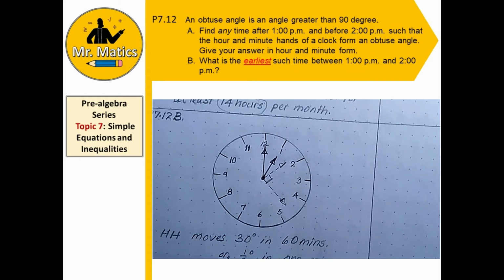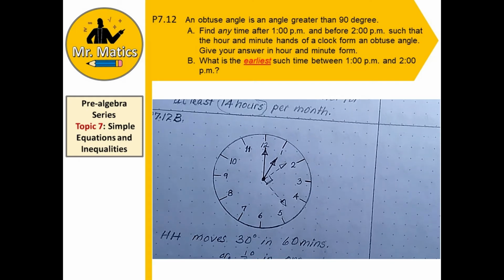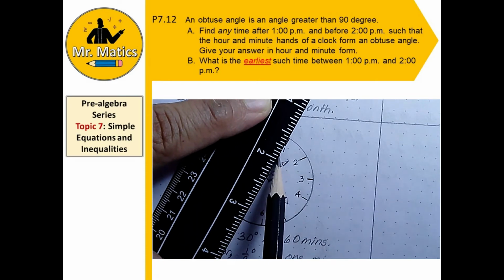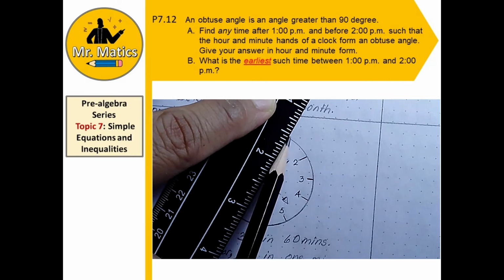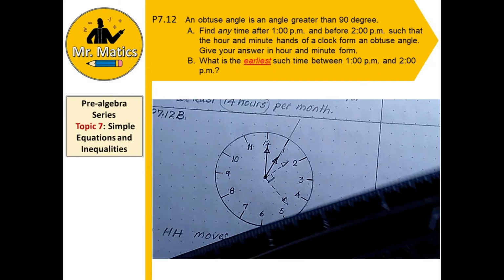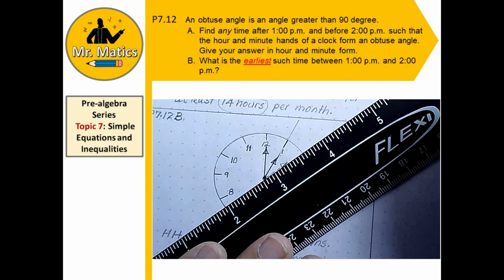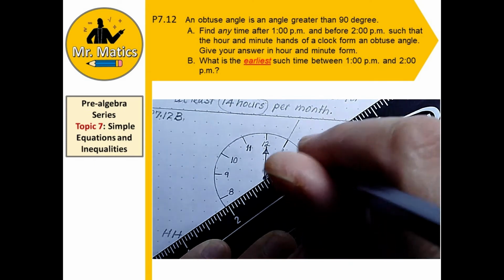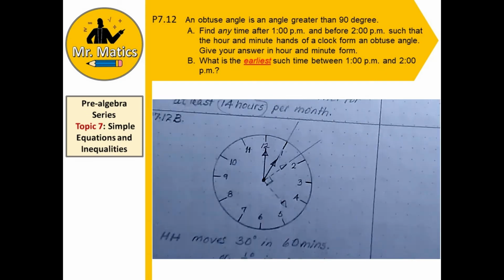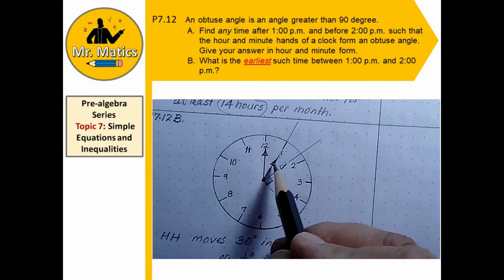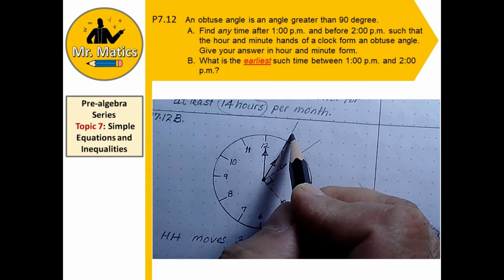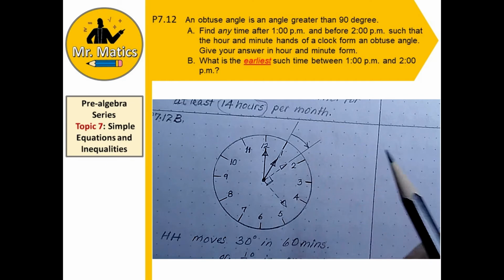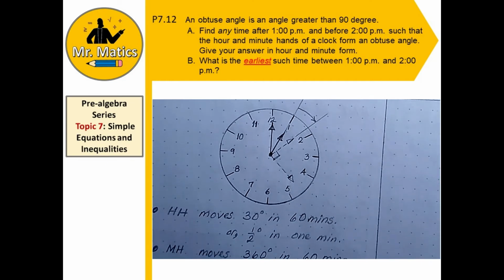So how much has the hour hand moved? The hour hand, if I draw faint lines to represent the angle, let me draw that. I hope you can see it. So the hour hand has moved in x minutes. The hour hand will move x times the speed, which is half a degree per minute.